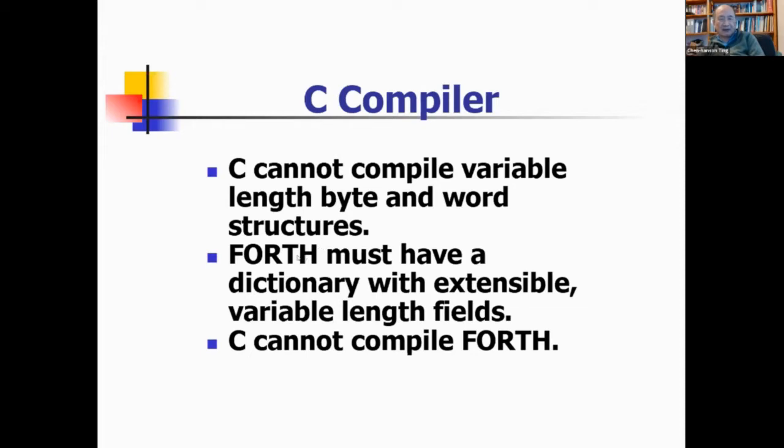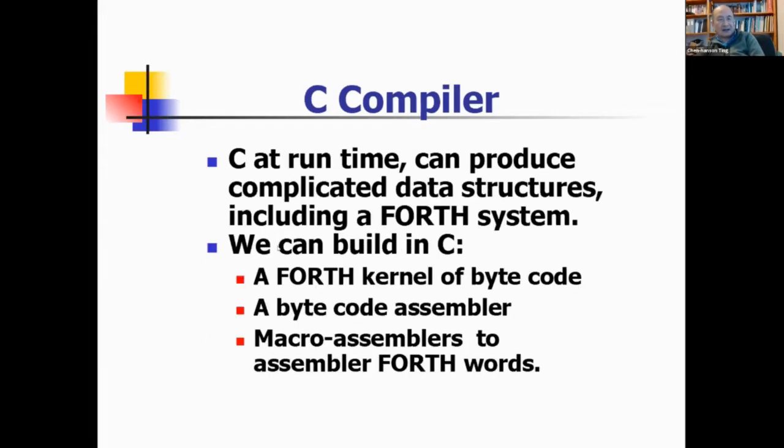But FORTH must have a dictionary with extensible variable length fields. And with that requirement, a vanilla C compiler cannot compile FORTH. But C at runtime can produce very complicated data structures, including a FORTH system.